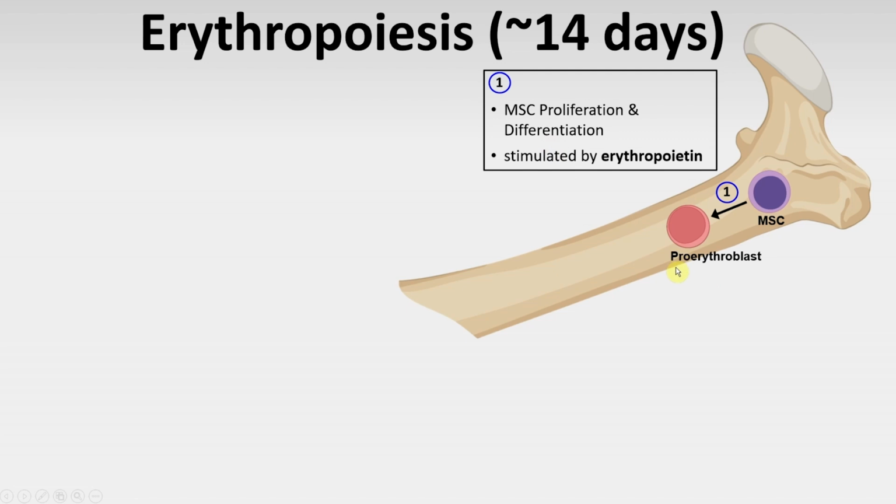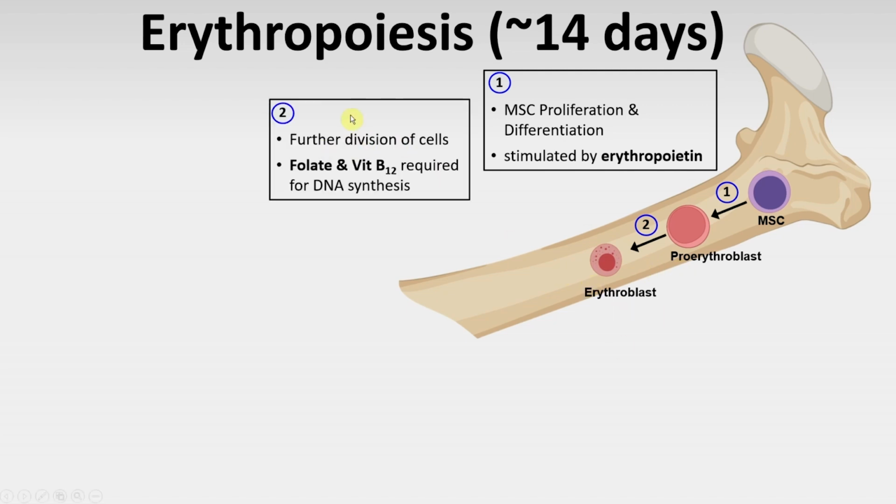After pro-erythroblast is formed, that's when it starts to divide further into many erythroblasts. Now this further division of your pro-erythroblasts requires DNA synthesis, and that's when folate and vitamin B12 are required. In other words, for those who are practicing a poor diet, for example, and there's deficiency in folate and vitamin B12, DNA synthesis will be affected and the process of erythropoiesis will be affected as well.